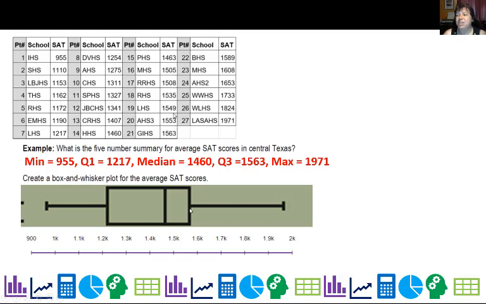Now, if I look at this long whisker here, why is it so spread out? Well, going above that, 1563, we get 1589, 1608, 1653, and now we're really starting to jump, 1733, jump almost another 100, 1824, and jump about 150 to the highest average, which was 1971.